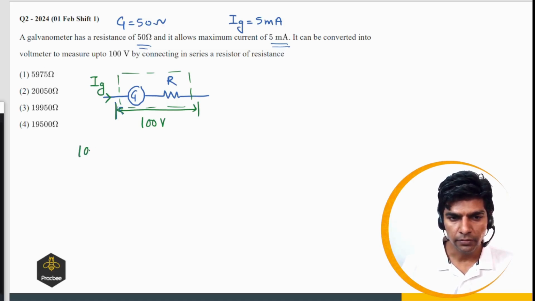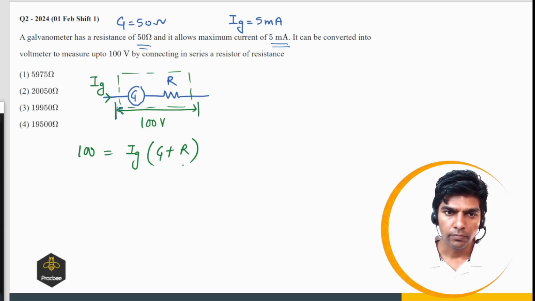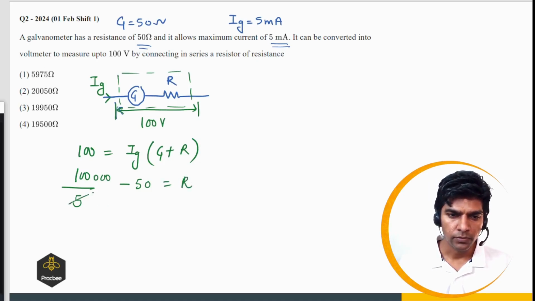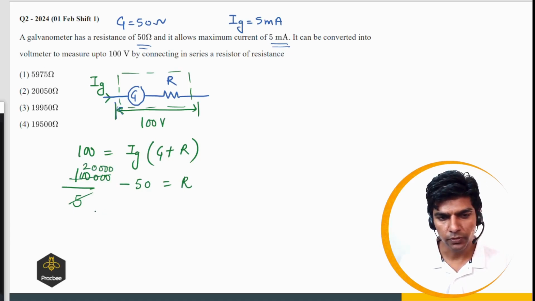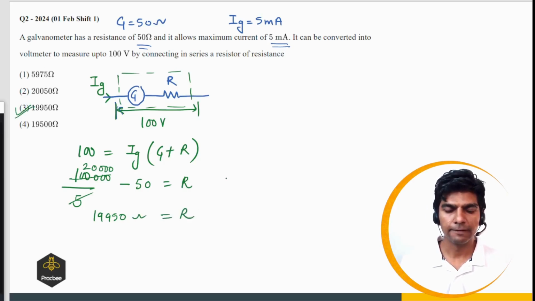So we can say 100 will be equal to I times G plus R by using Ohm's law. Ig is given, G value is given, we can find R. So 100 divided by Ig, which is 5 milli, so we have 1000 in the numerator, minus 50. That will give us R. So this comes out to be 20,000 minus 50, so it will be 19,950. So option 3 is the right answer.